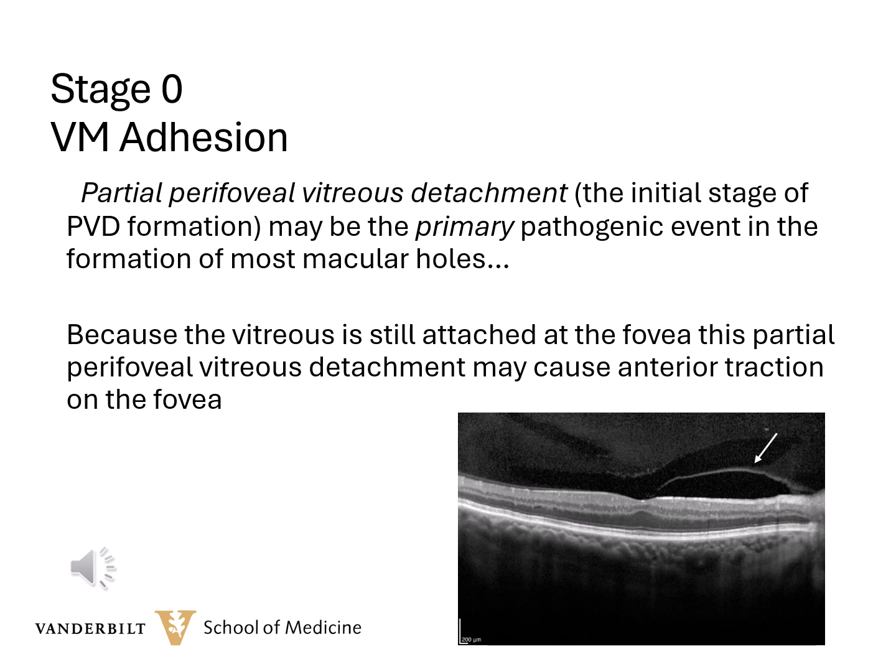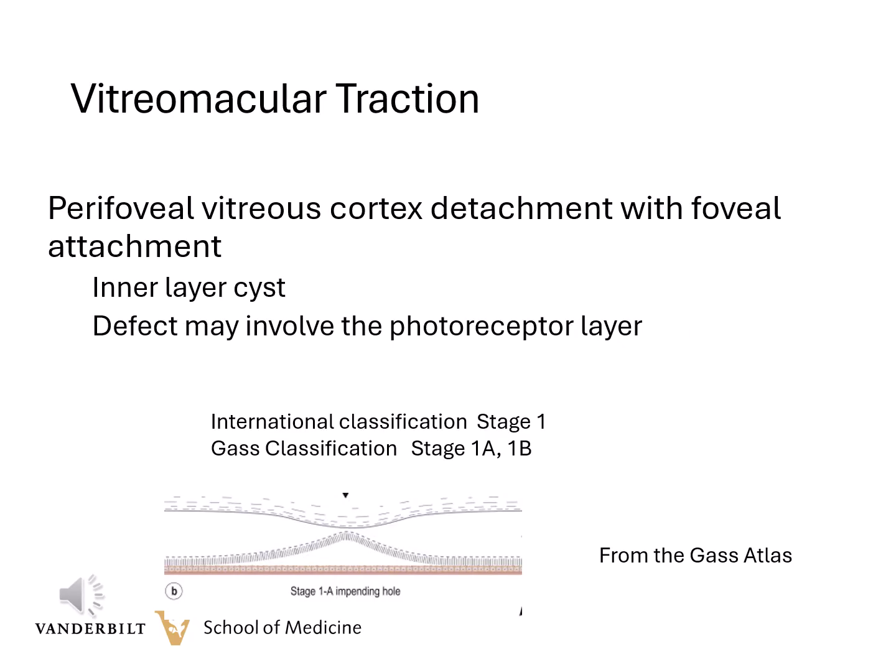However, the exception is if the fellow eye has a macular hole, and this finding may have a predictive quality for that eye. Vitreomacular traction is a bit more severe than the adhesion because vitreomacular traction suggests there are intraretinal changes.